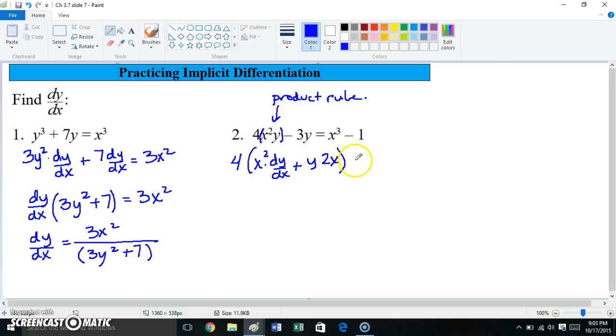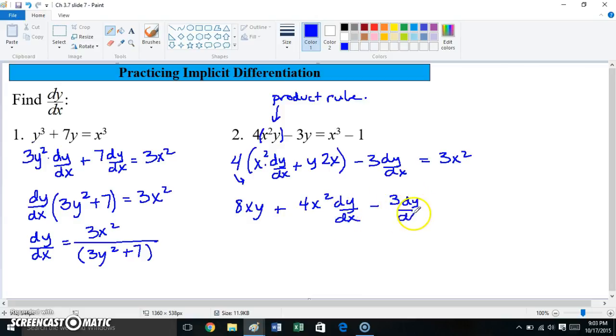The derivative of negative 3y is negative 3 dy/dx, equals 3x squared plus 0. Now I will distribute that 4 to the quantity x squared dy/dx plus y 2x. So that will be 8xy plus 4x squared dy/dx minus 3 dy/dx equals 3x squared.